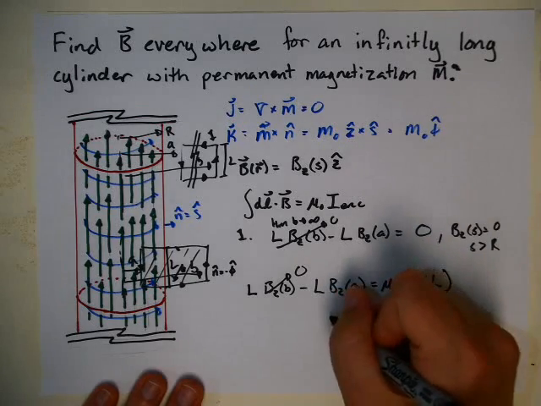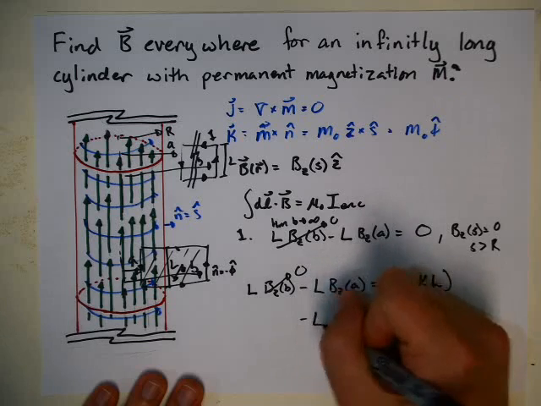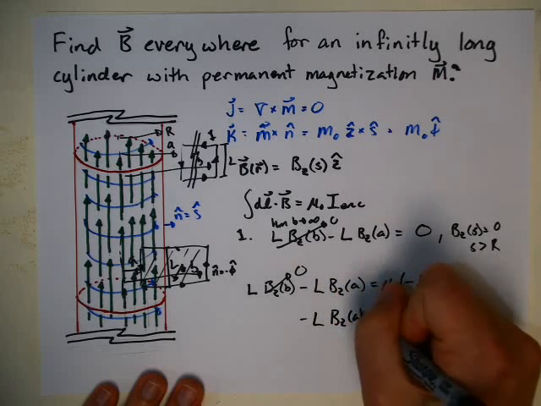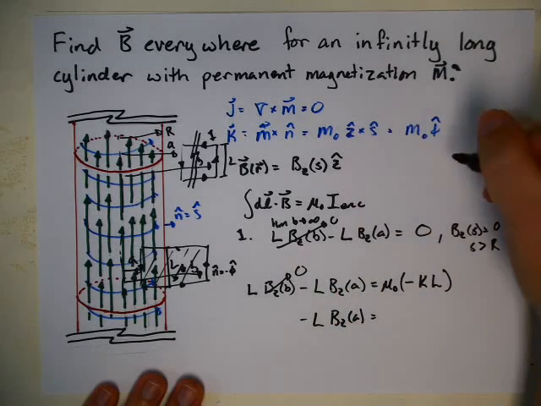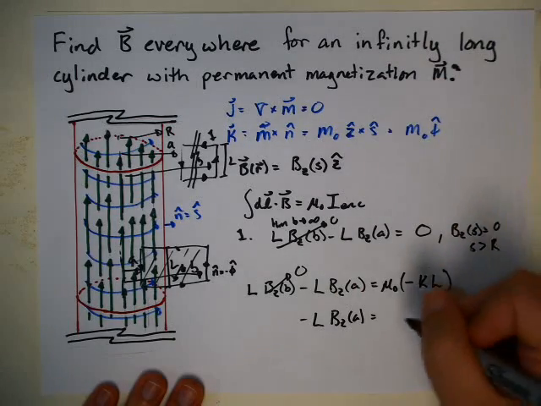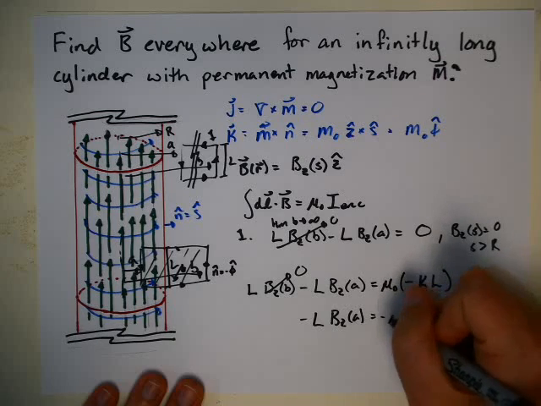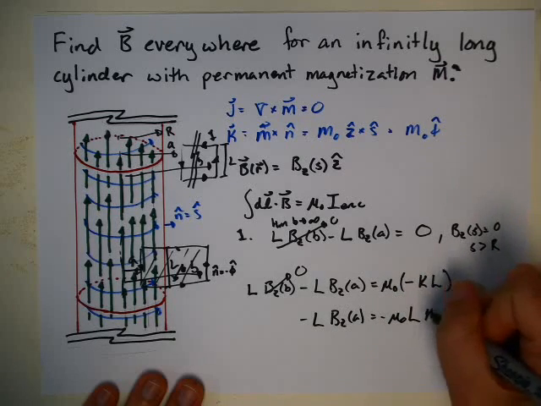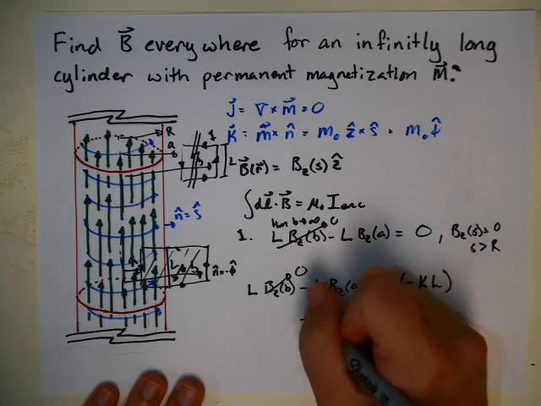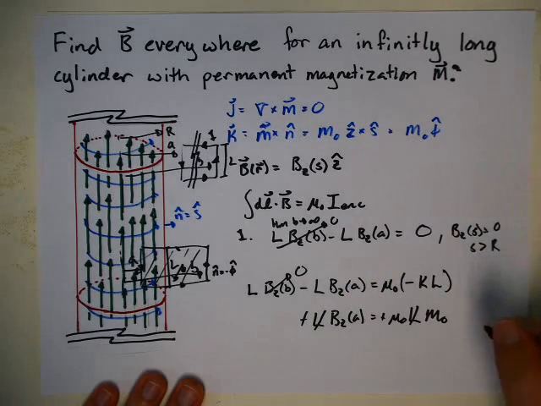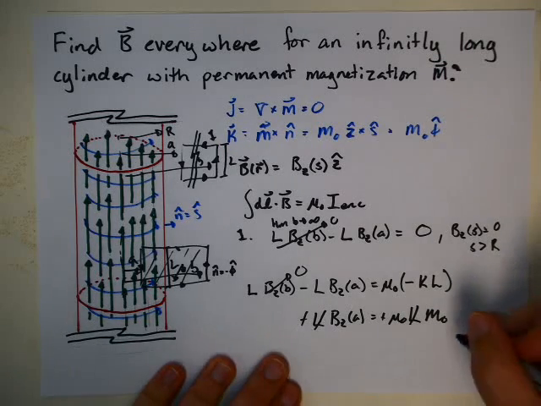In the end, minus L Bz as a function of a is equal, plugging in for K which we found is M naught, to minus mu naught L M naught. The L's cancel, the minuses cancel, and it says that Bz as a function of a is simply equal to mu naught M naught.